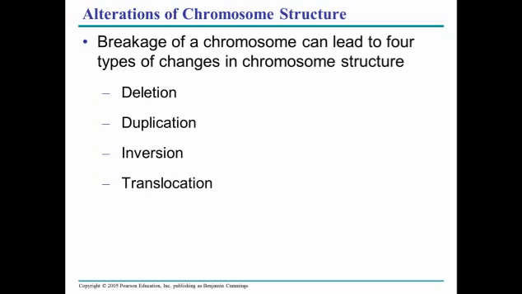Inversion is when part of the chromosome flips around and the DNA breaks and then reattaches, so that a sequence of DNA, instead of reading AATTCC, would get flipped and it would read CCTTAA. And then translocation is more of a large-scale chromosomal change.